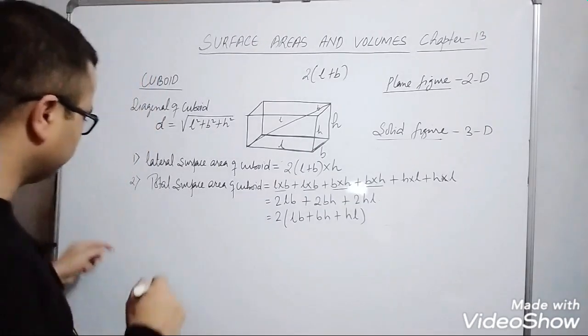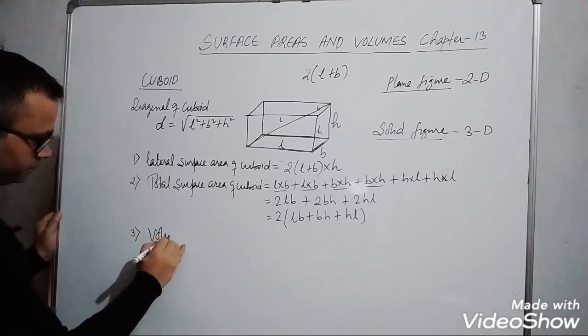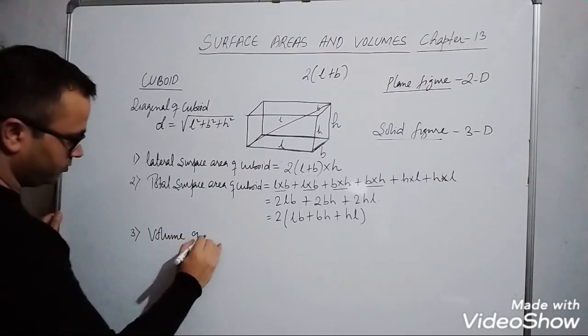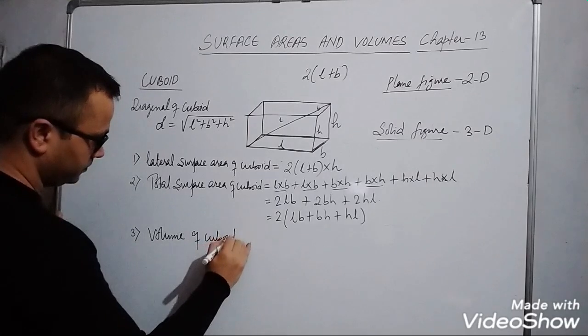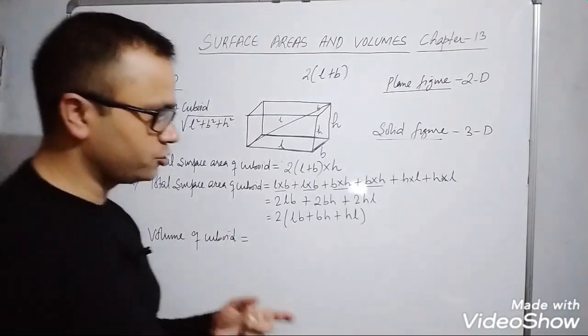Now move to volume. So number 3 is the volume of a cuboid. What will be the volume of any solid figure?